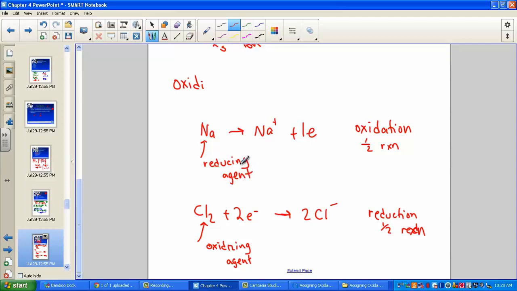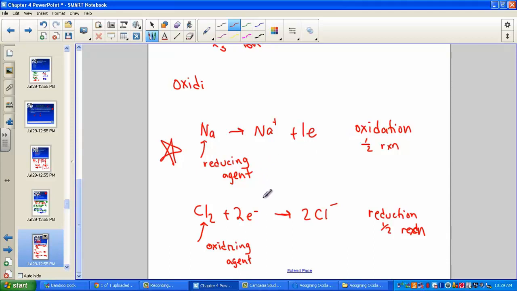If you're asked to find the reducing agent, it's another way of asking you, what was oxidized? If you're asked to find the oxidizing agent, it's just another way to ask you, what was reduced? Very important. I would put a highlighted note in your notepad page, the term agent, and the vocabulary associated with it.